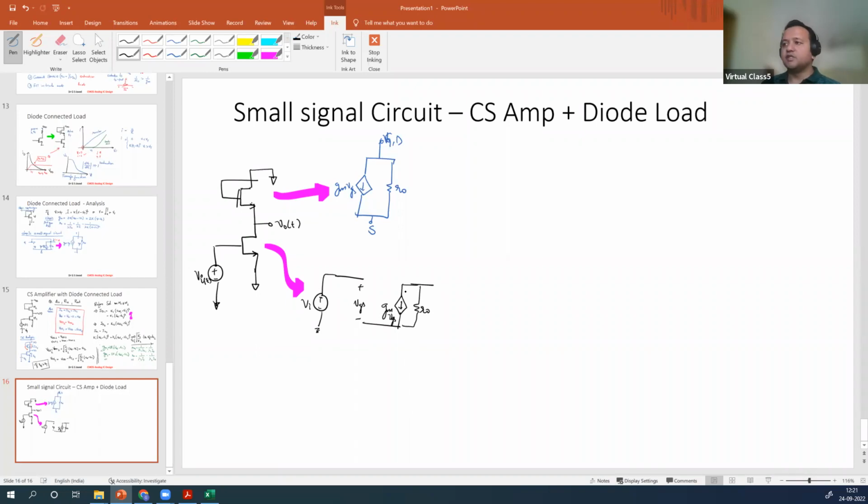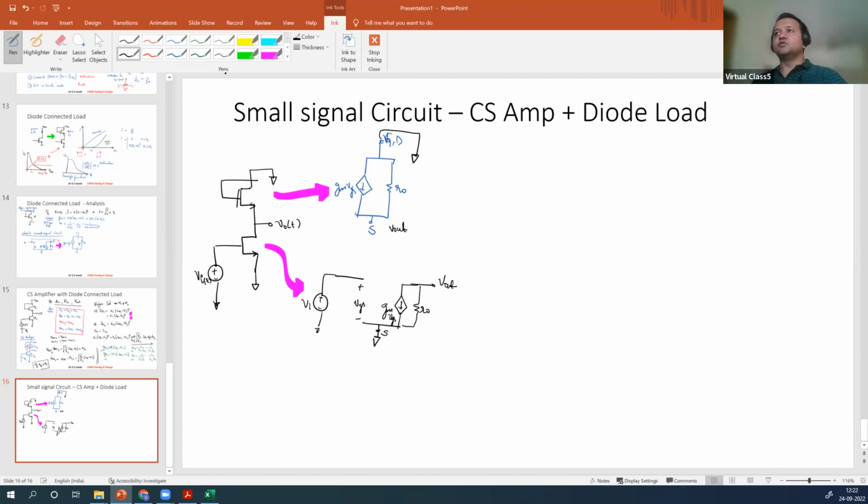Then this is your gm VGS. This is Vout. This is your source, this is grounded. This source is not grounded. Okay, you should leave it hanging. This gate and drain are now connected to here.